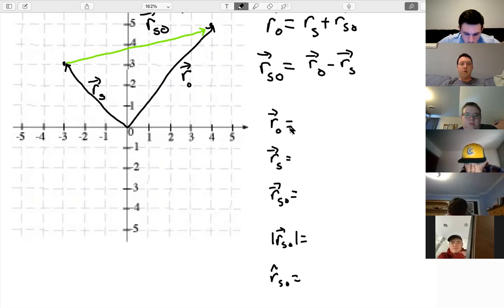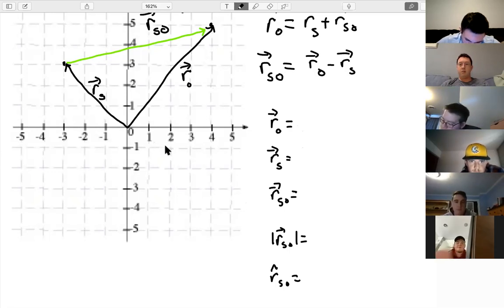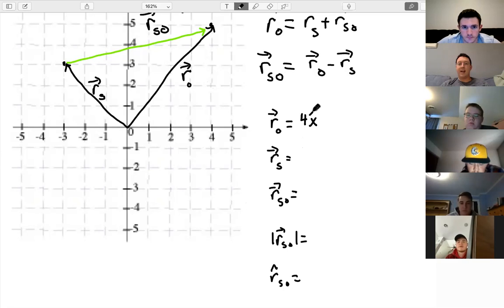Okay, who has R_O in component form? 4x hat plus 5y hat, awesome. Okay, what about R_S?